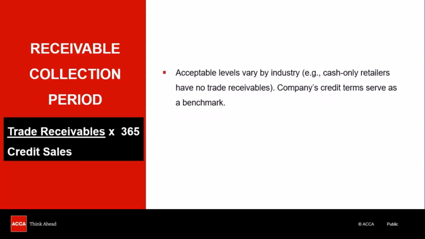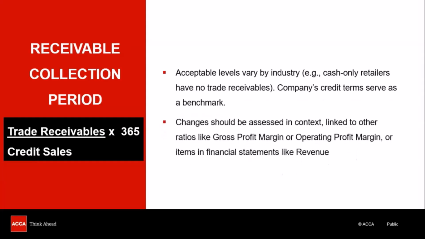Now, acceptable levels of receivable collection period vary by industry. So cash-only retailers have no trade receivables, but this is a norm of the industry. And then there may be certain industries in which everything is being done on a credit basis.